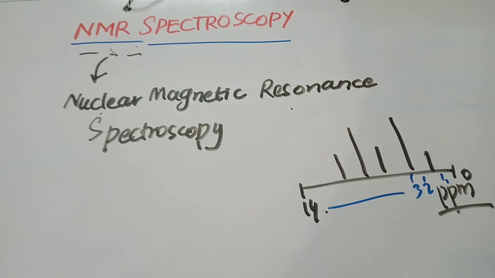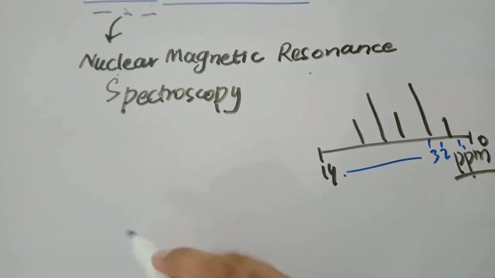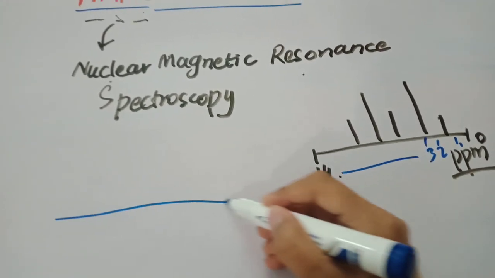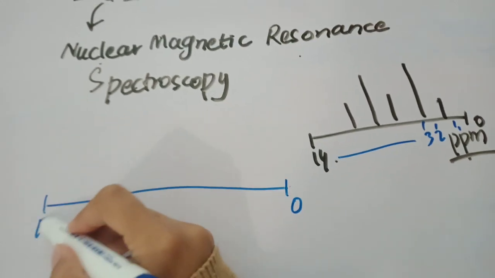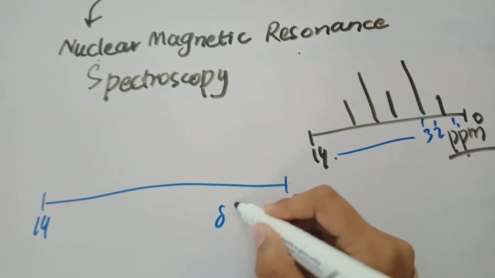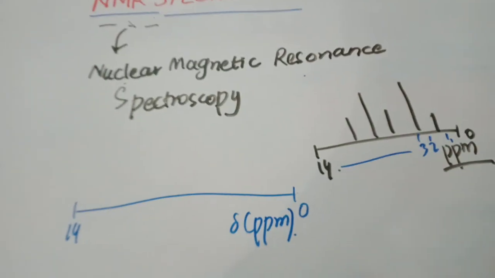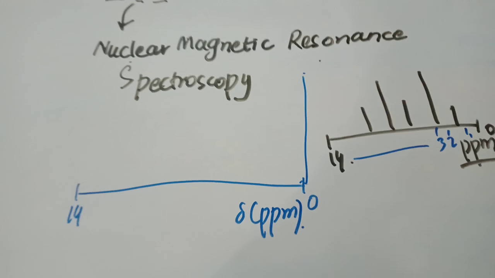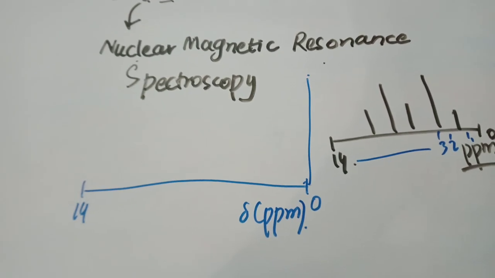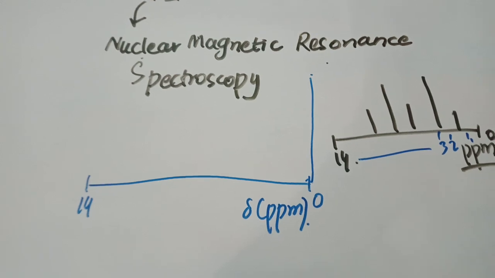So let me draw here. This is the basic graph from 0 to 14, and this will be the ppm values. The graph will be plotted here like this.